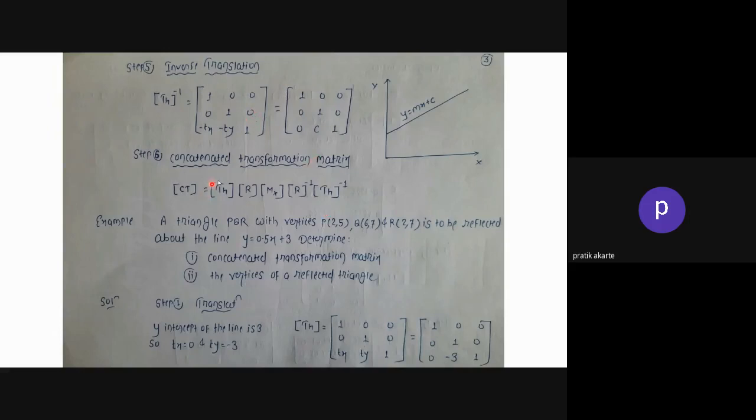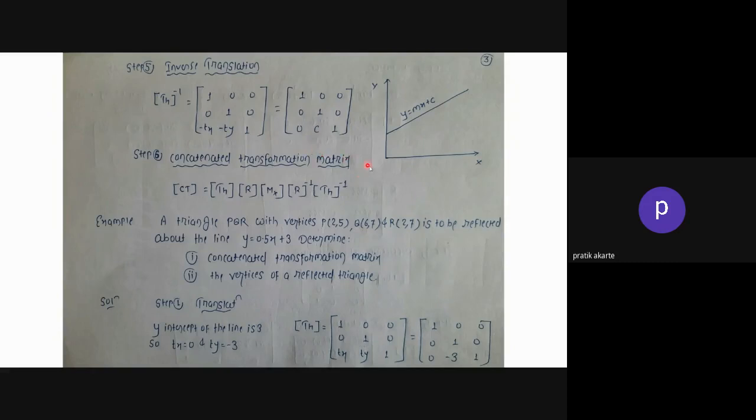When we multiply all these transformations, we'll get the concatenated transformation matrix. When this concatenated transformation matrix is multiplied with your original coordinate matrix, you will get the new coordinates of the entity after reflection.